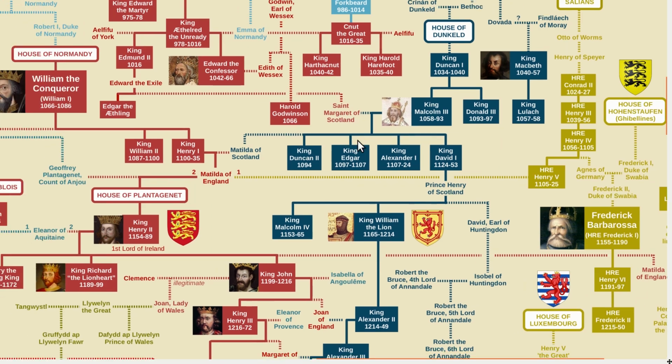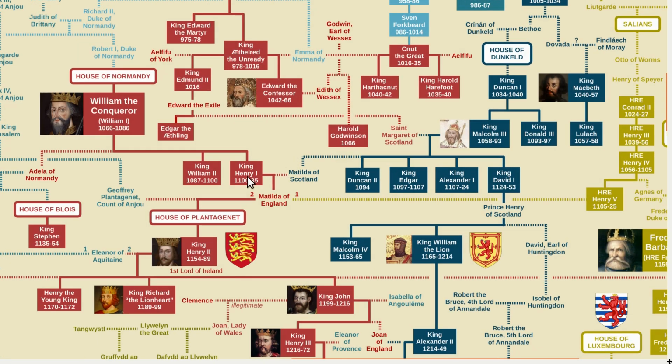And their daughter went on to marry King Henry I of England, who belonged to the House of Norman. And this marriage meant that all future monarchs of England and later Great Britain could trace their lineage not only to William the Conqueror of Normandy, but also to the original House of Wessex and to the House of Dunkeld in Scotland.